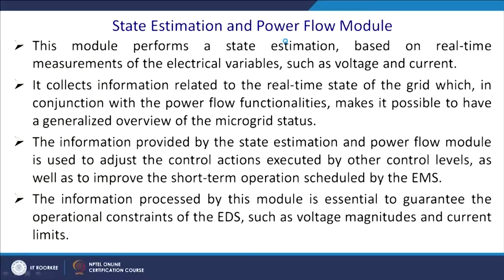This module performs state estimation. As I told you, node voltages can be a state, based on the real time measurement of electrical variables such as the voltage and current at each node. It collects information related to the real time states of the grid, which in conjunction with the power flow functionalities makes it possible to have a generalized overview of the microgrid status.